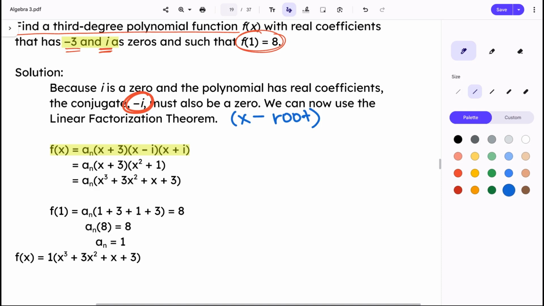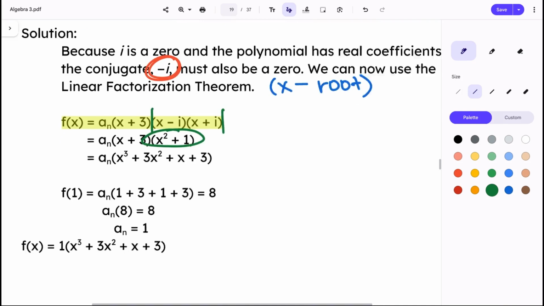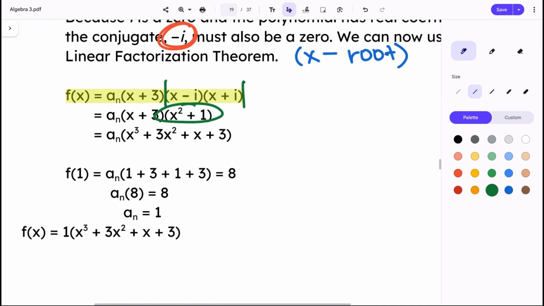All right, now let's talk about how they got here. They had to FOIL these two pieces together that I'm putting those green marks around. So they had to multiply x minus i times x plus i. They did their foiling process first, outside, inside, last. Let's just do that so you can see where they got this x squared plus 1.